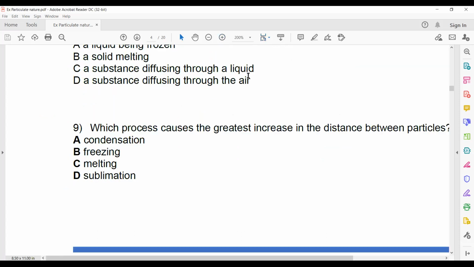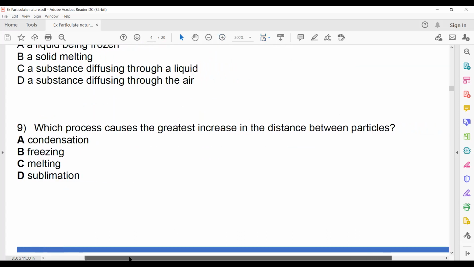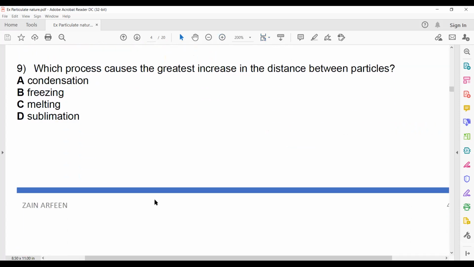Question 9. Which process caused the greatest increase in distance between the particles?